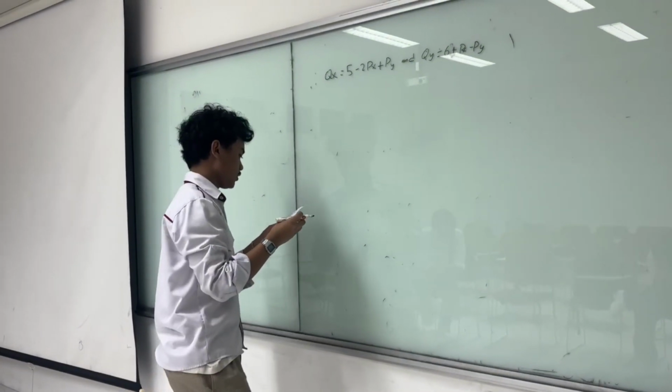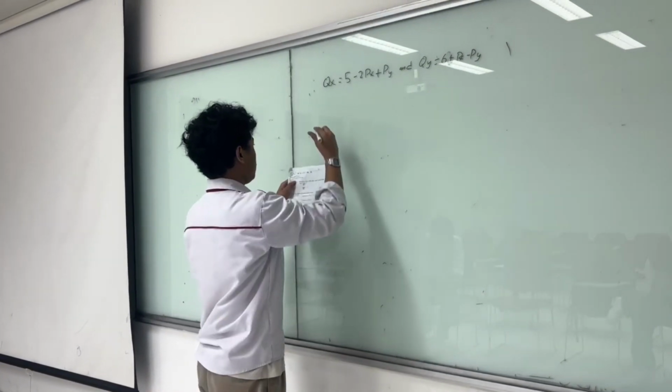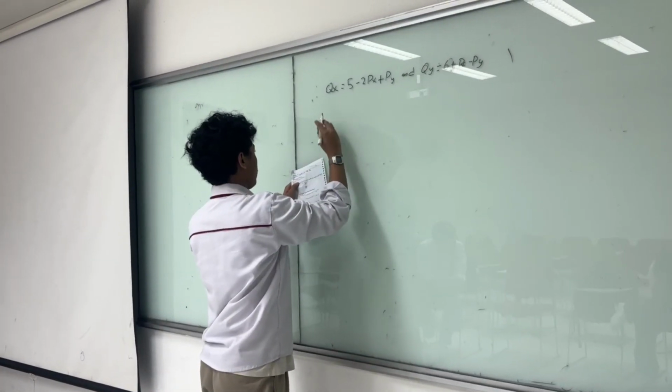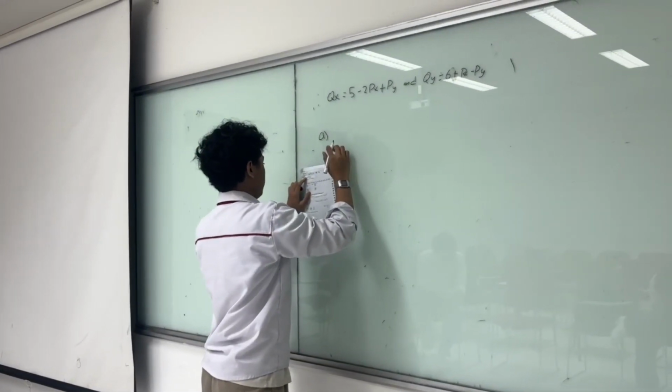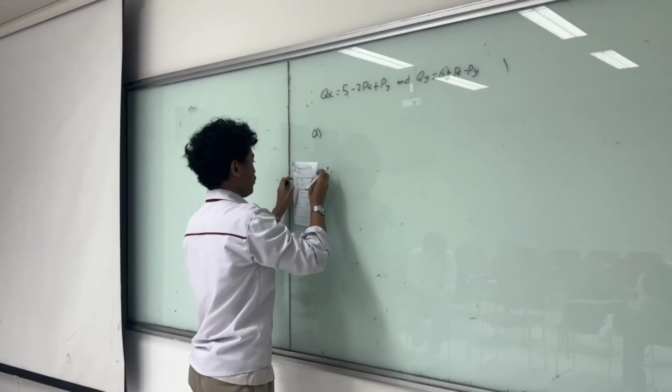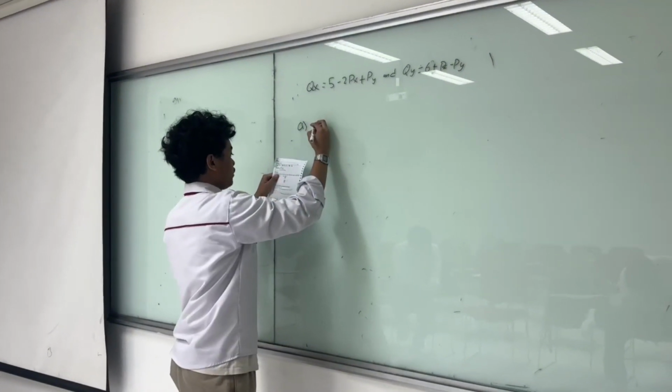The question is, we have to find marginal and cross elasticity. For A1, we have to find the marginal, so find the partial derivative of Qx and Qy with respect to both Px and Py.